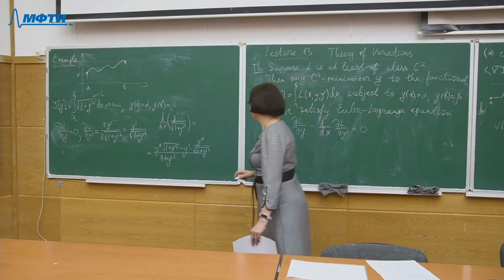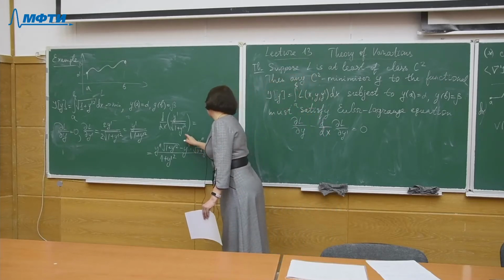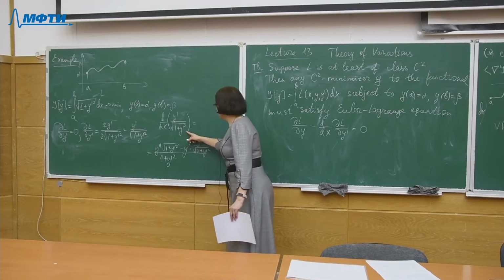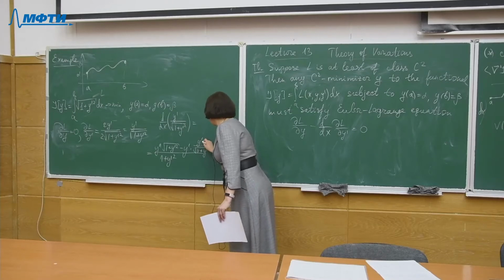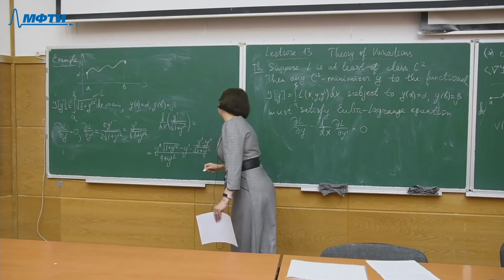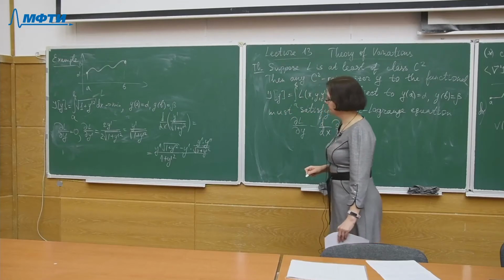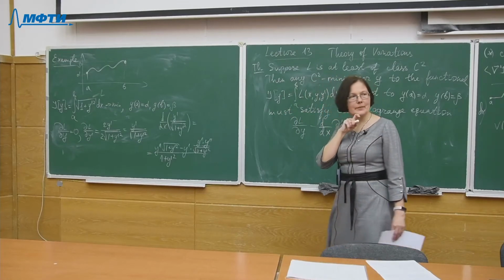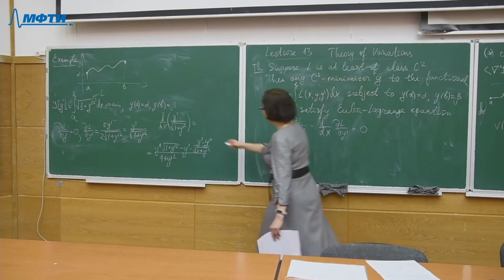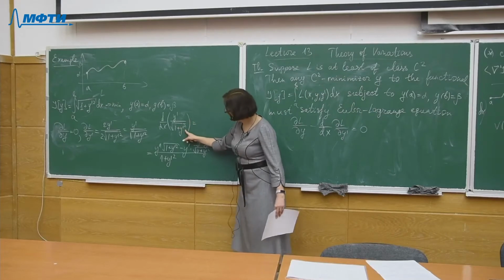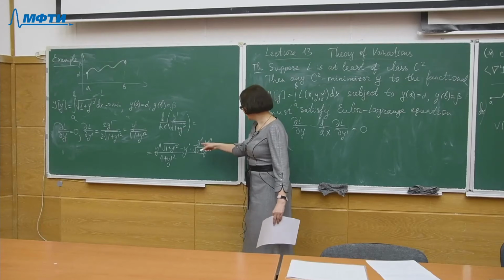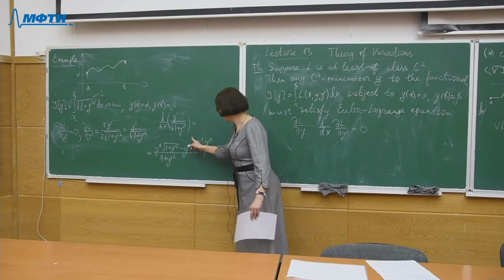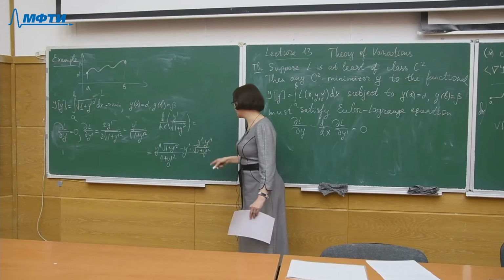So to differentiate this, it must be y prime times y double prime. Is it clear? Because we differentiate y prime squared, first 2y prime, so the 2 is cancelled out, yes, y prime times y double prime.